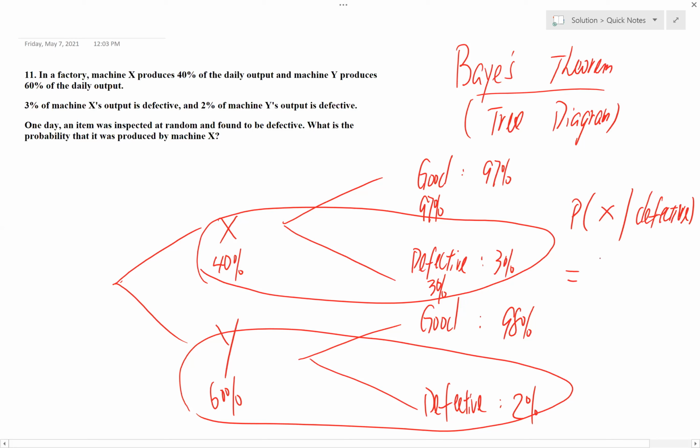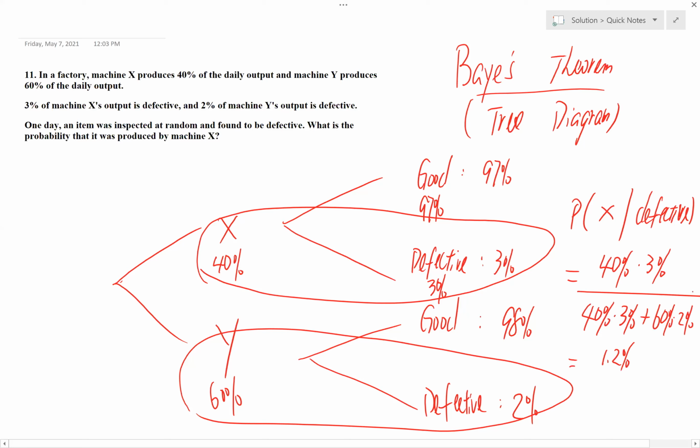So here, you look at machine X 40% times 3%. Okay, that's a chance for machine X to have a defective item. And then combine machine X and machine Y. So 60% times 2%. On top, we get 1.2%.